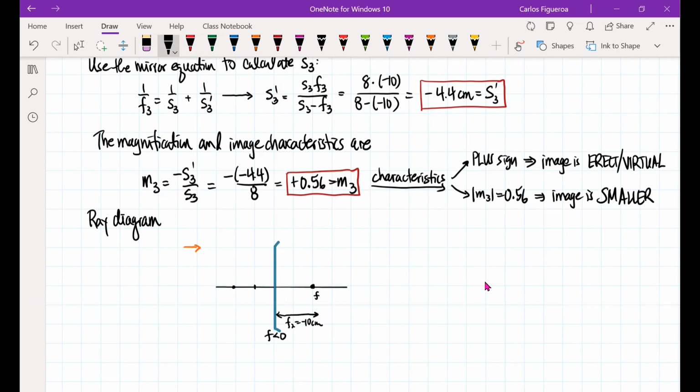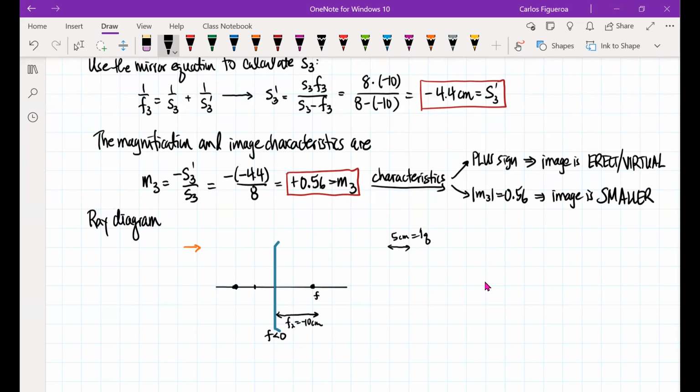Well, the object is located at 4.4. Okay. So if it's located at 8, the focal length is 10. I'm having trouble here. So let me set my scale. Every square is 5 centimeters. That's 1 square. So that means here that my image has to be inside the first tick.